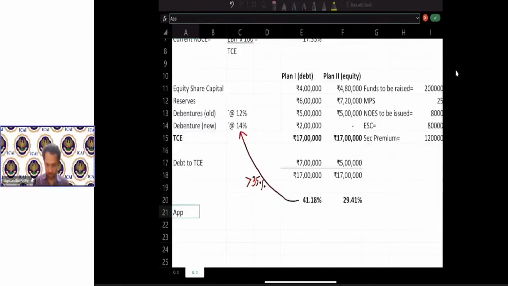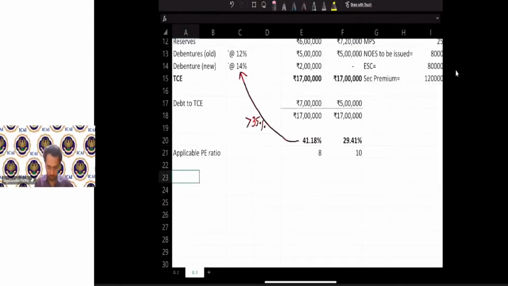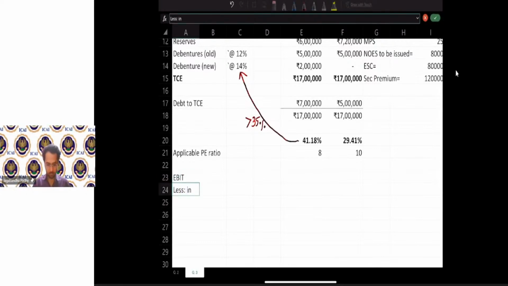So the applicable P ratio for plan one will be 8, and over here the P ratio will be 10, right? Because this is less than 35%, this will continue to be at 10 itself. We have EBIT, less interest, so you get profit before tax.